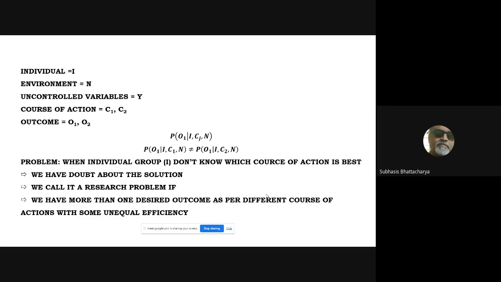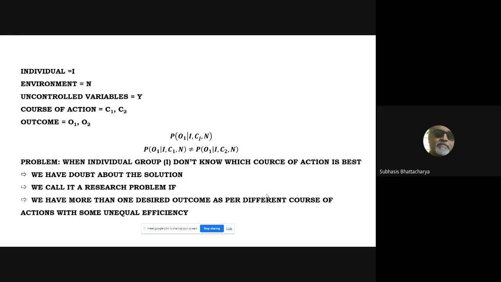So considering these conditions, individuals or organizations can be said to have a problem only if you do not know what your best course of action is. If you are in doubt, then it becomes a problem. If you know your best course of action, then you get the best outcome.